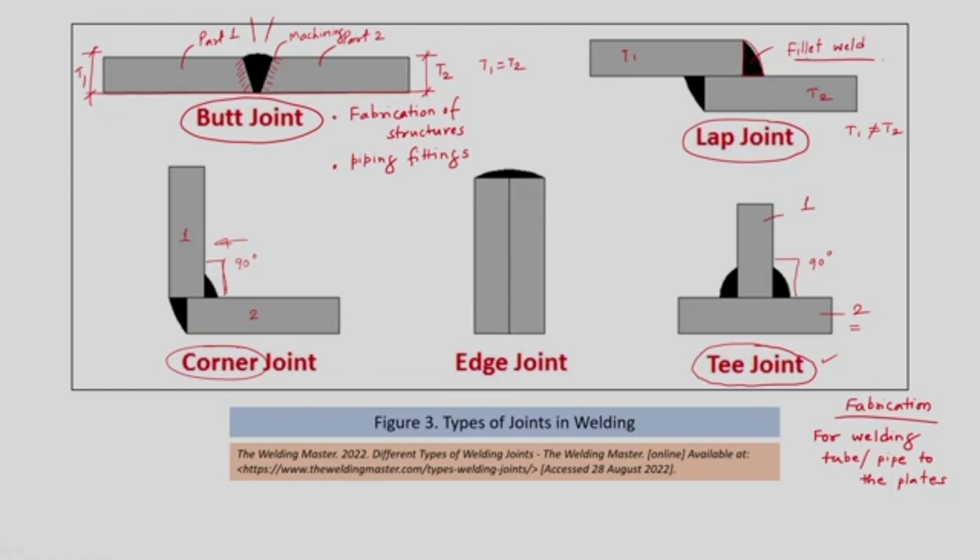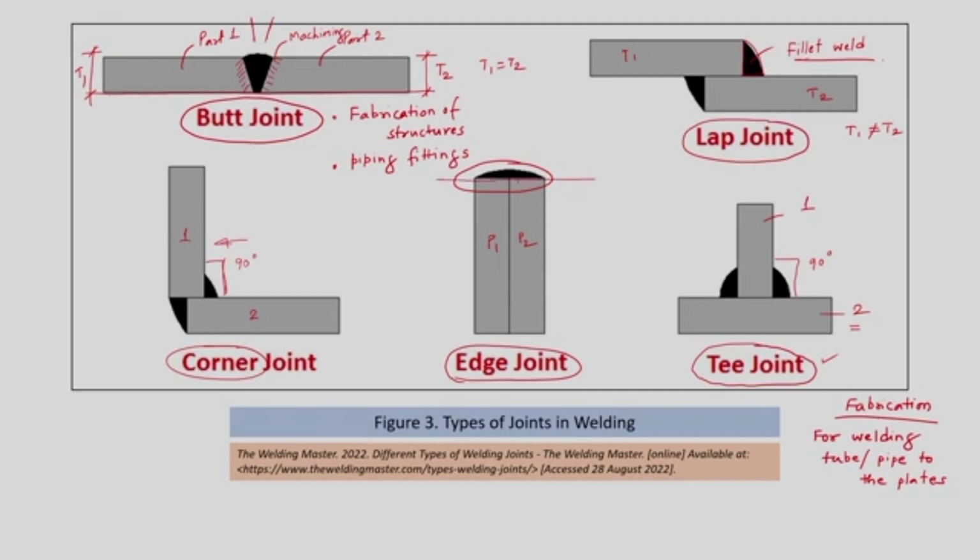Now in certain situations we are joining the ends of two different parts together. So in the configuration on your screen, this is called an edge joint. Here part number 1 and part number 2, their edges are aligned in the same plane.